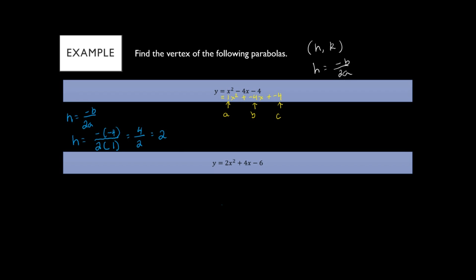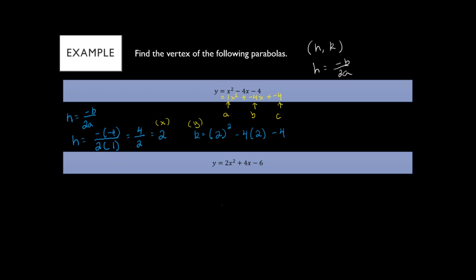So that's h. And then you plug in that number for x so that you can get k. So instead of y equals, I can say k equals, and instead of x, it might help to remind yourself: this is x, and k is y, just to help you with what you're plugging in here. So it's x squared, we're going to use 2, so it's 2 squared, minus 4 times x, so that's times 2, and then minus 4.